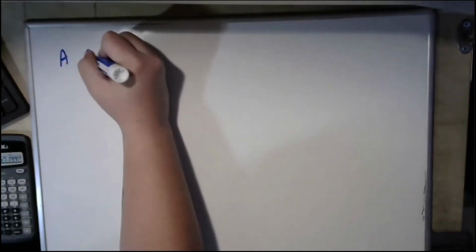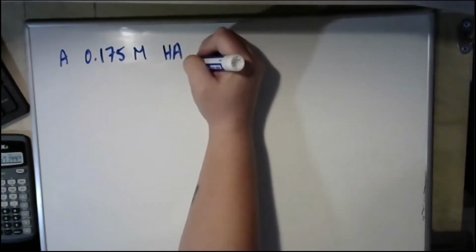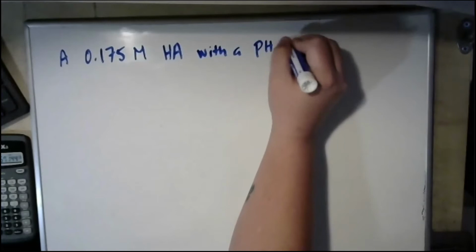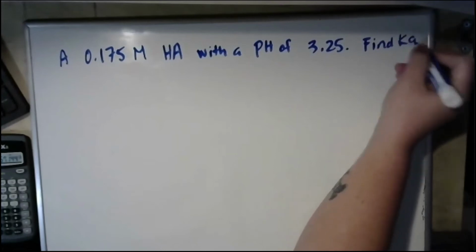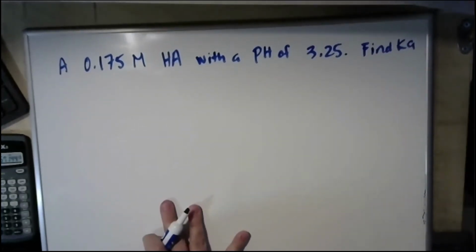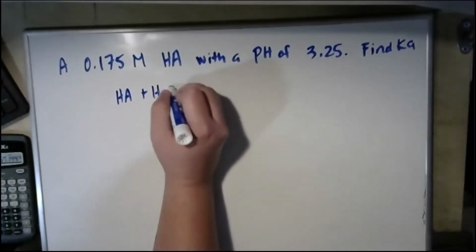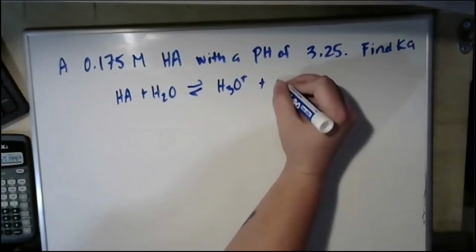Okay, so this time we have a 0.175 molar weak acid solution with a pH of 3.25, and we're going to find Ka. All right, so again, I start here with my balanced equation. Luckily, they're pretty easy to work out in your weak acid and weak base stage.